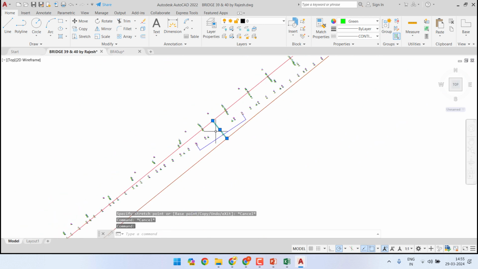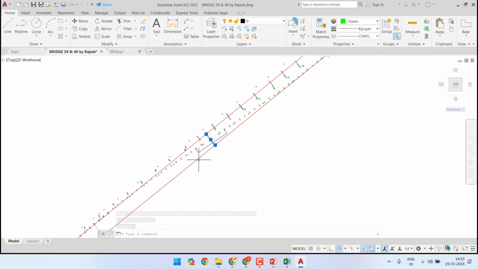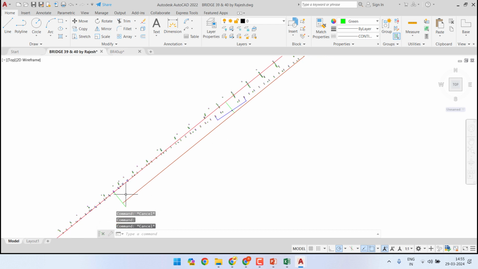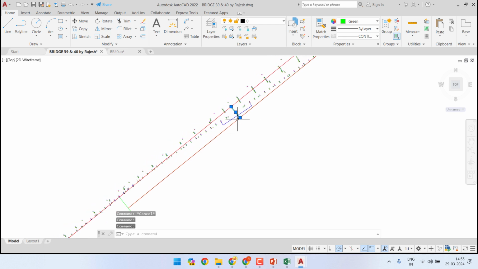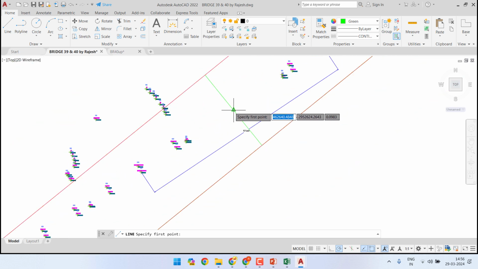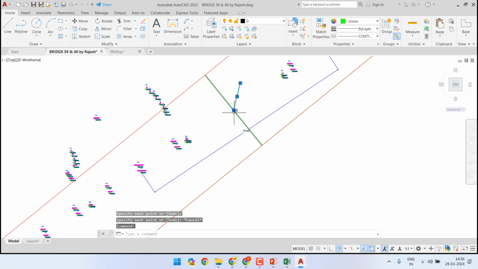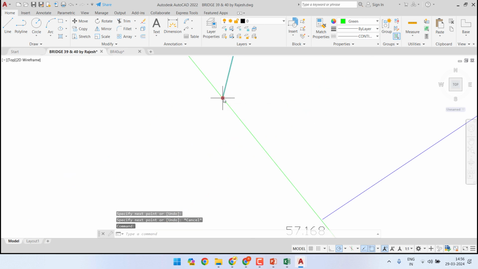Now, what will be the inclination of the straight portion? We know that the first part of the curve will be from here to here, and the second part of the curve will be from here to here. This includes the middle straight portion, and we also know that the middle straight portion will pass through this point.